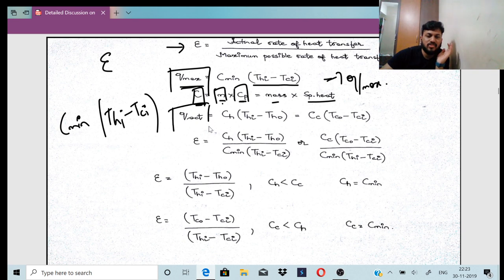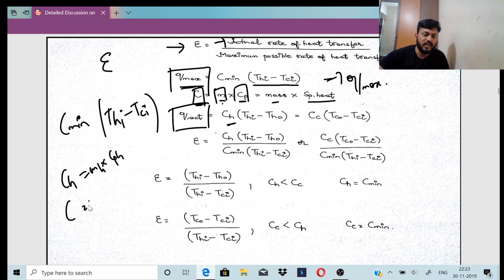Now my Q actual, the actual rate of heat transfer. CH, the heat capacity of hot fluid, is MH into CPH. CC is MC into CPC.